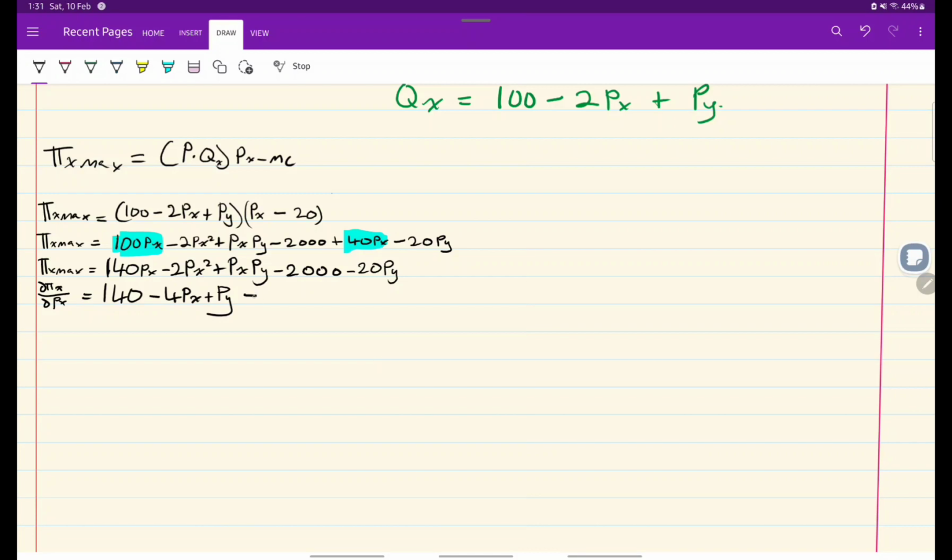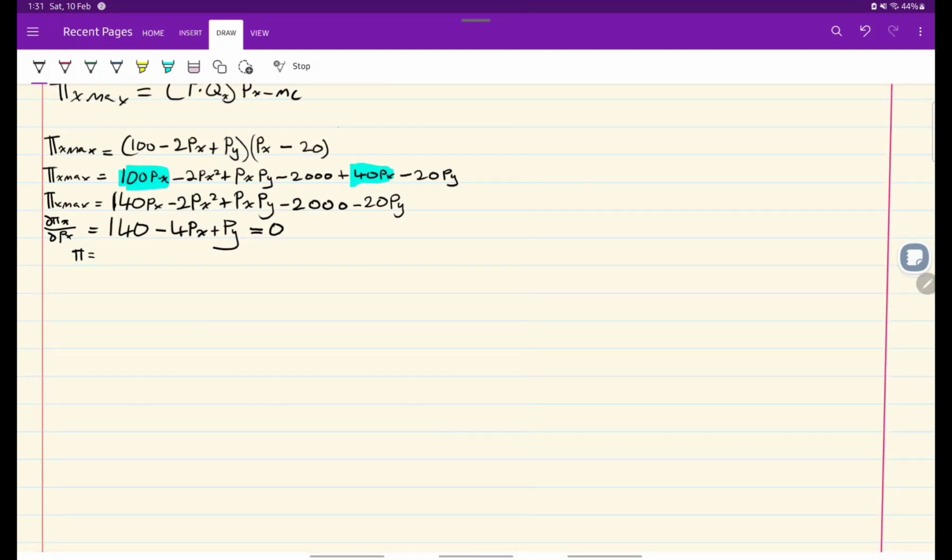And setting that equal to 0, for Px you have 140 plus Py equals 4Px, dividing through by 4.